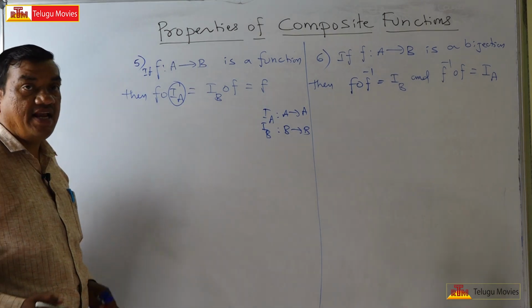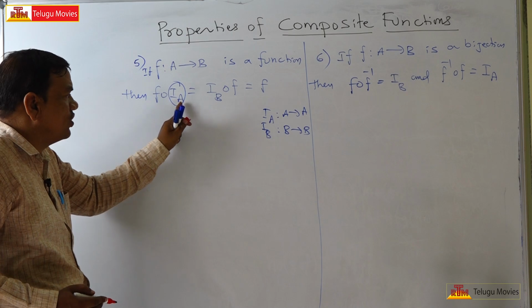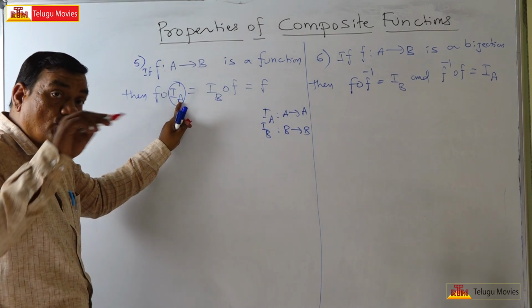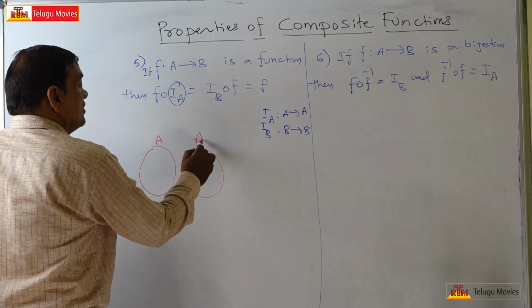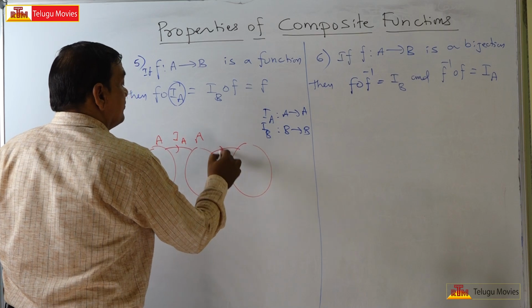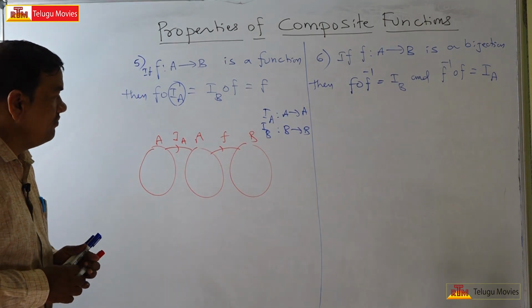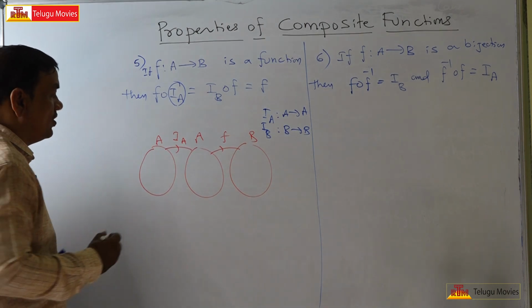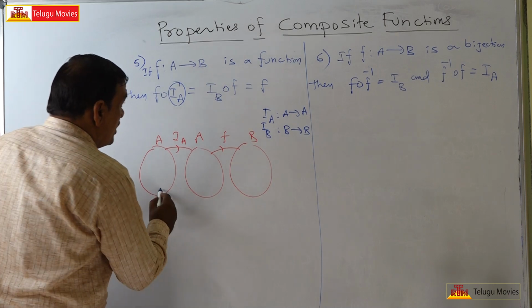For F circle IA, always remember that in the notation, the second one, IA, you apply first. So that means A to A, this is IA. Again F is a function from A to B. Then what will be the function from A to B?